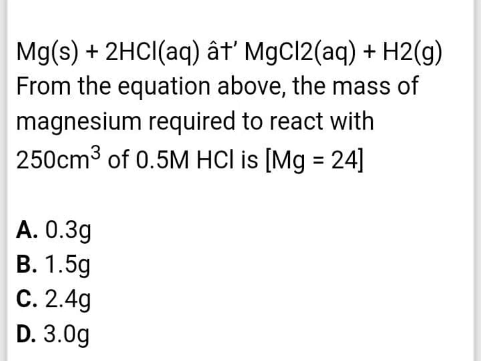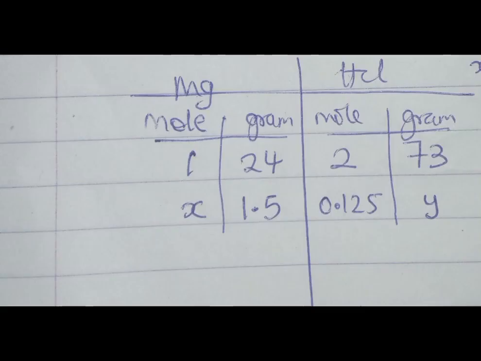But let me give you proof that we can also use this table to solve for something else. Let's imagine we were asked to find the new mole of magnesium. Normally it is one mole that reacts, but let's see the mole that will react according to the parameters given below. We can take 24, x and 1.5, or we can take 2, x and 0.125. You must just make sure that only one part of the grid is missing.